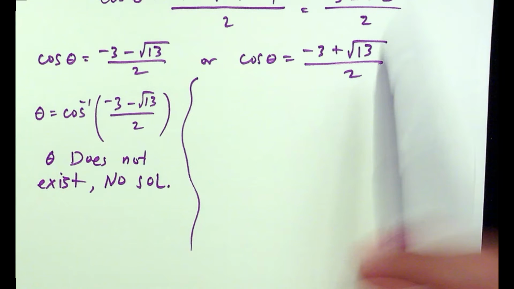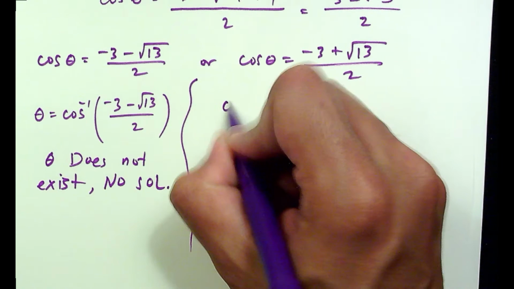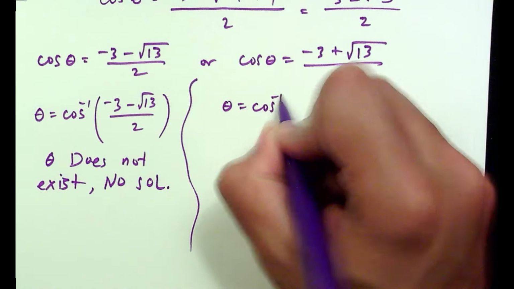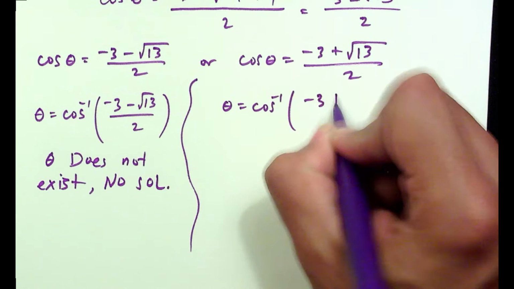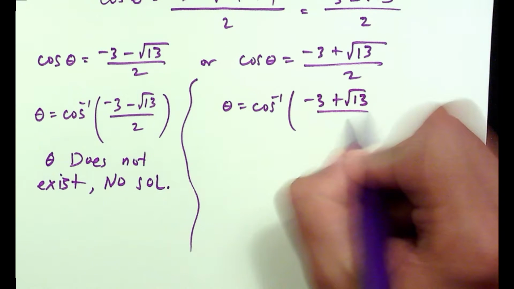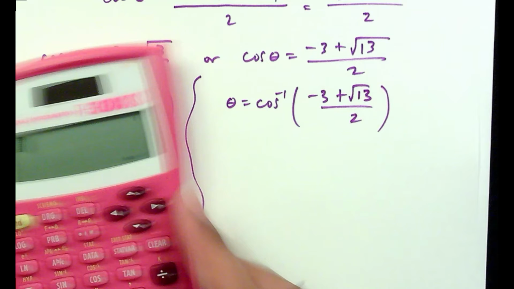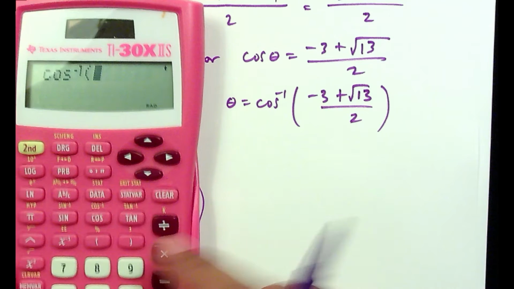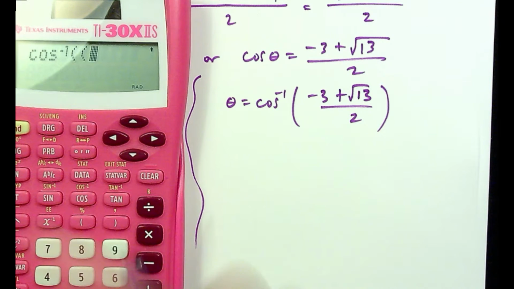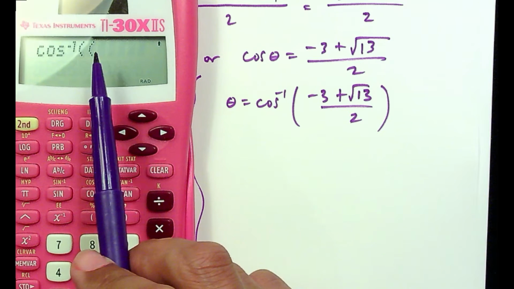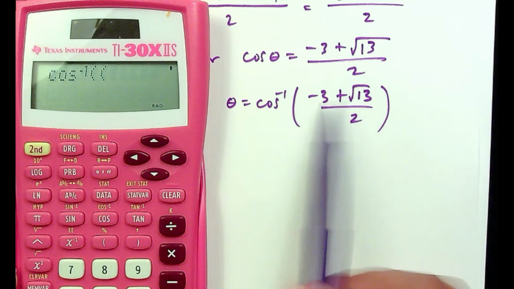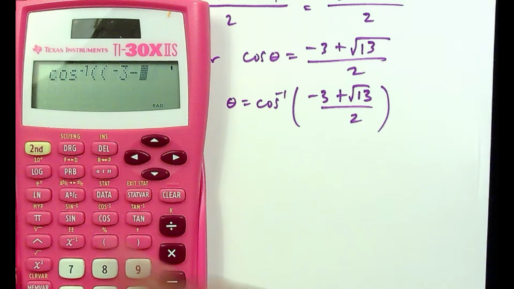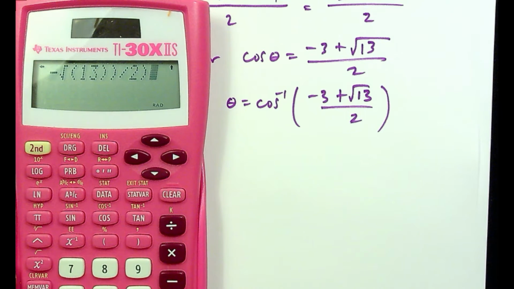Okay, now let's try to solve this one. Same way, same thing. So cosine would be cosine inverse of (-3 plus square root of 13) over 2. Now let's plug this in. So this is going to be cosine inverse of, now don't forget about putting parentheses around the numerator, because there's more than one thing going on there. -3 minus square root of 13, close that numerator, divided by 2, and then the big parentheses.